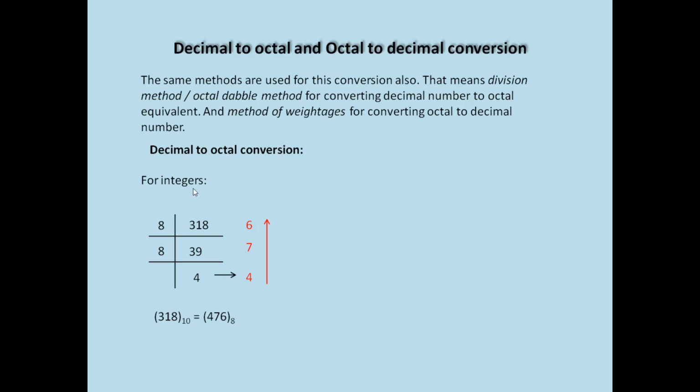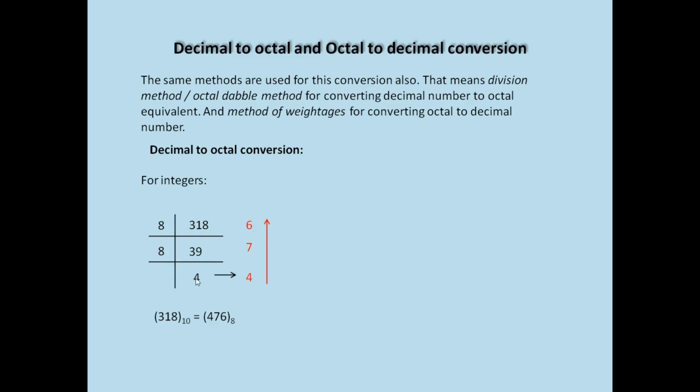So let us see the integer part of a decimal number. If we consider the decimal number 318, to convert it to its octal equivalent, it will be divided by 8. The quotient and remainders are written like this. The quotient is again divided by 8. Here you will see the next quotient.